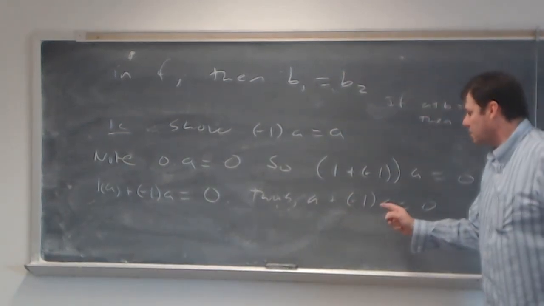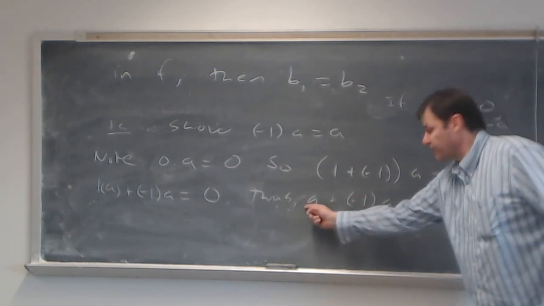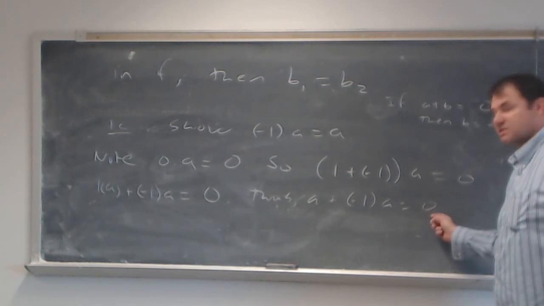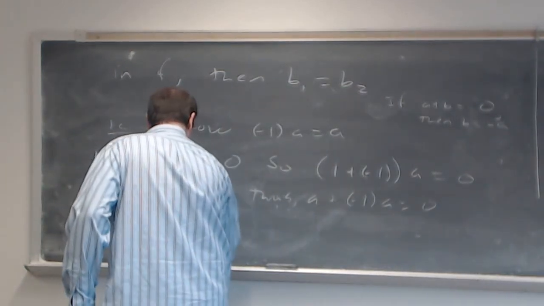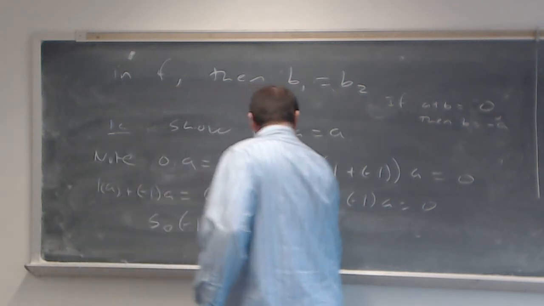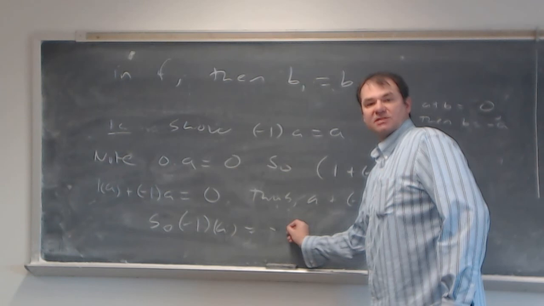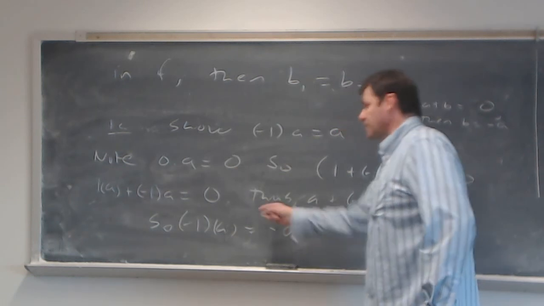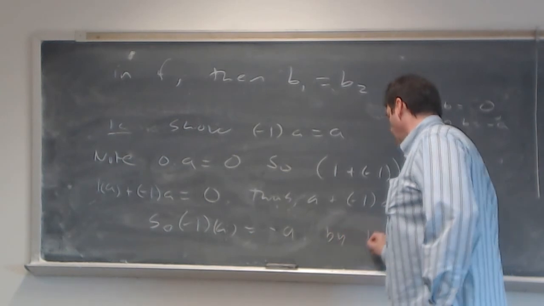Using property 1A, first plus second equals 0. That means second equals minus, and in this case, minus the first is minus A. And that's what I wanted to show. I'm done. So that's by 1A.